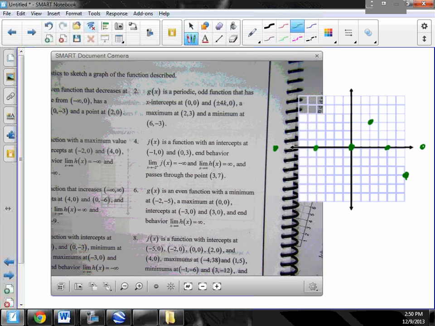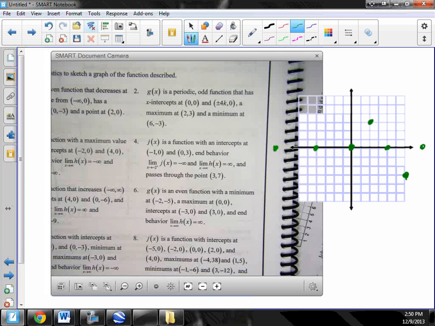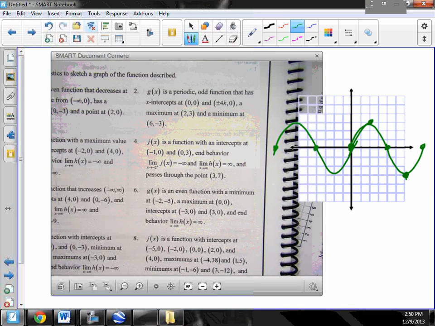So what is this graph going to look like? Well, it's periodic, so it's going to be a wave. It's going to start at 0, 0 and go up to the max. It has to hit the x-axis again, and it's just going to continue doing that same pattern over and over.